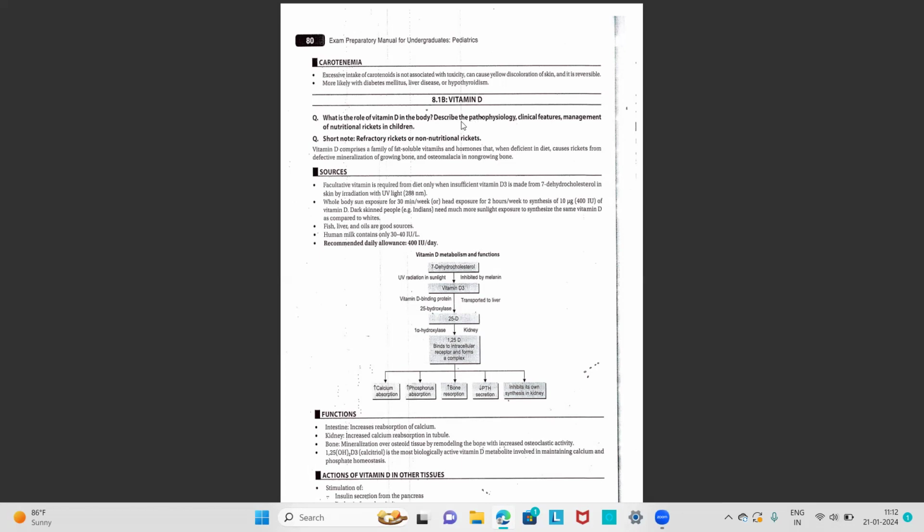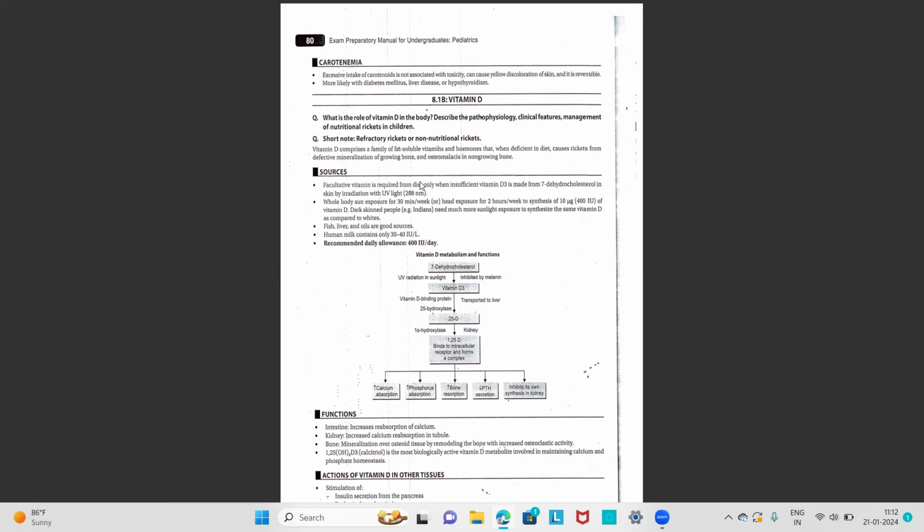Vitamin D is most important for our university exam. So listen. Vitamin D comprises a family of fat-soluble vitamins and hormones that, when deficient in the diet, cause rickets from defective mineralization of the growing bone, and osteomalacia in the non-growing bone.